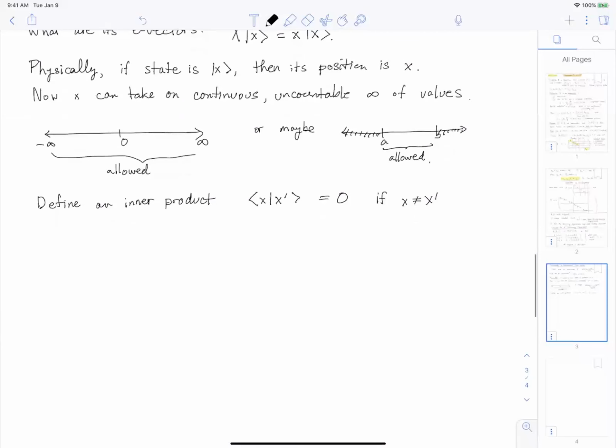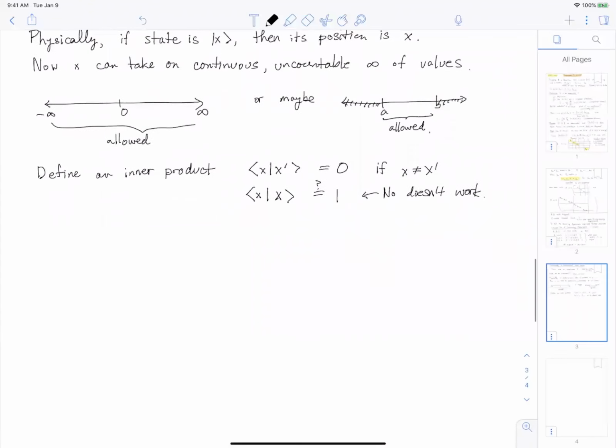What if they are the same? It's tempting to say that the inner product of x with itself should be 1, but I'm going to put a question mark above that because it turns out it's impossible. It does not work, even though that's what we would like to do based on everything we've seen before. That would be standard orthonormality.